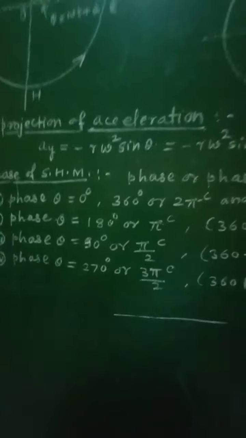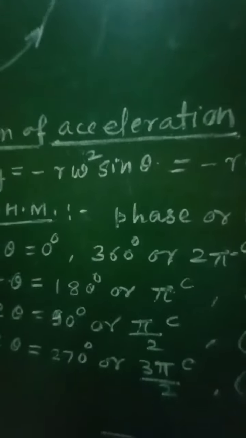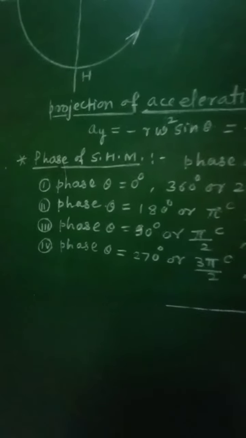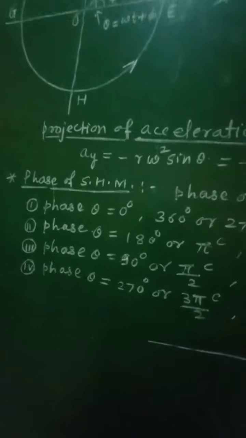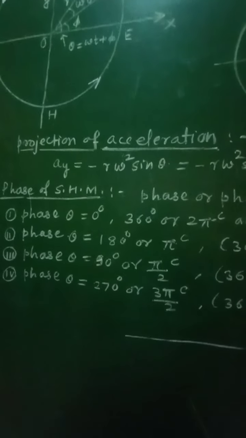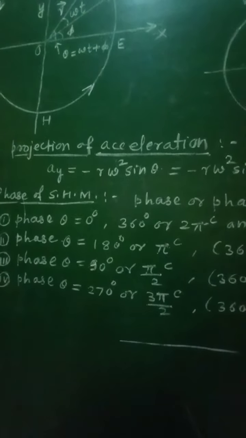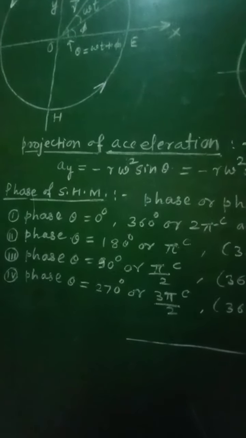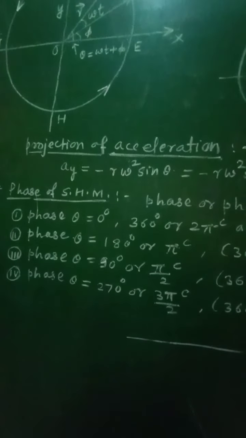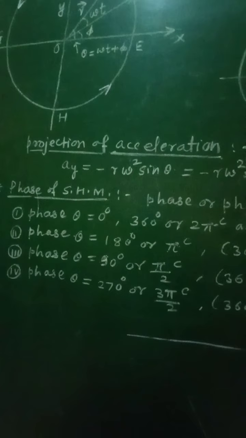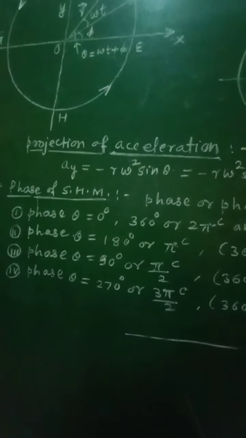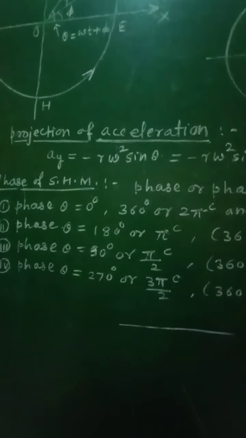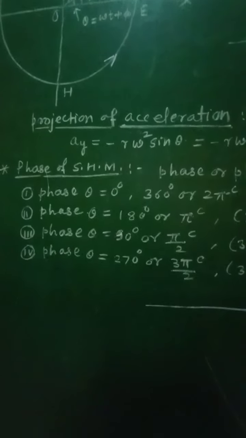And now let us see the next point, that is the phase of SHM. What is actually phase? The continuously varying quantity, that is angular displacement theta, which is equal to omega t plus phi in SHM, is called the phase of SHM or phase angle for that SHM.